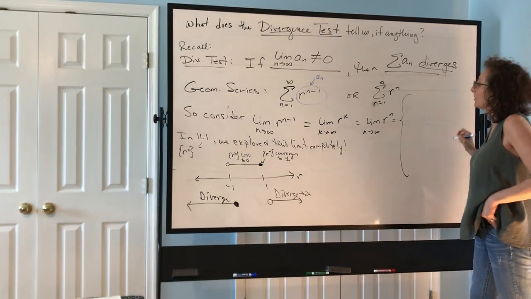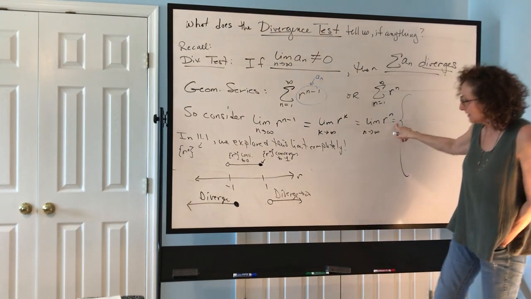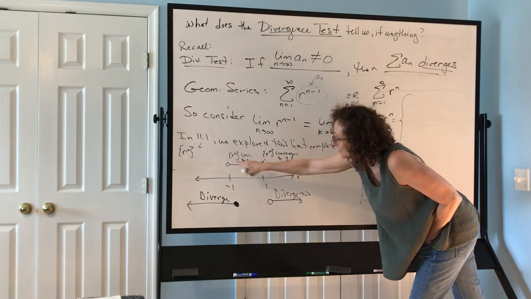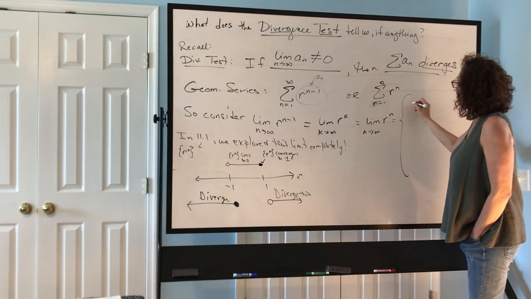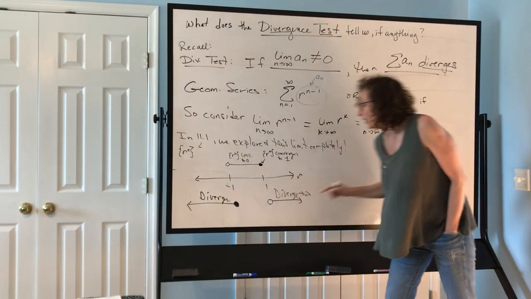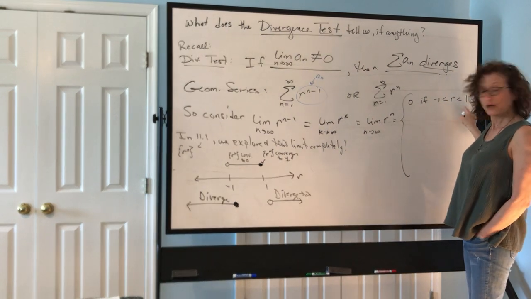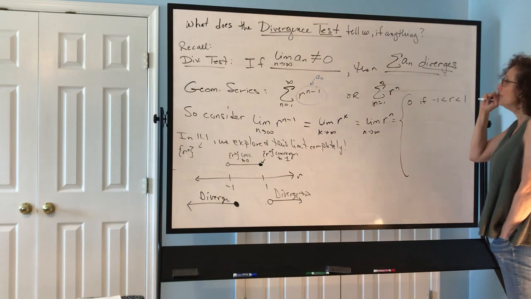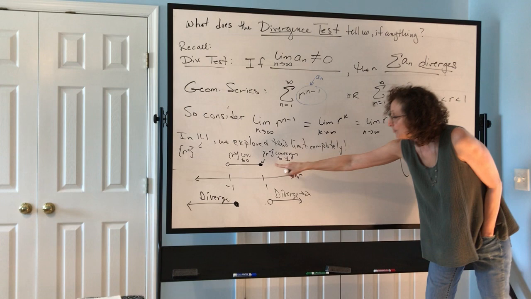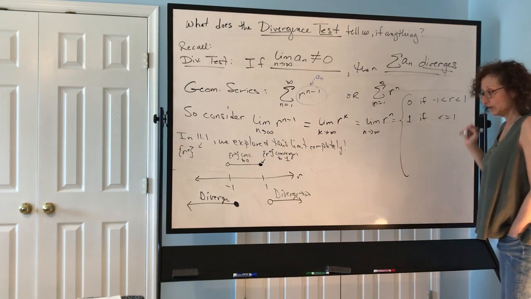Let's see. What do we know? We know that this limit is equal to 0. That limit is what that sequence would converge to. So this limit equals 0 if what is true? R is between minus 1 and 1, but not inclusive. And then that limit is 1 if r equals 1.